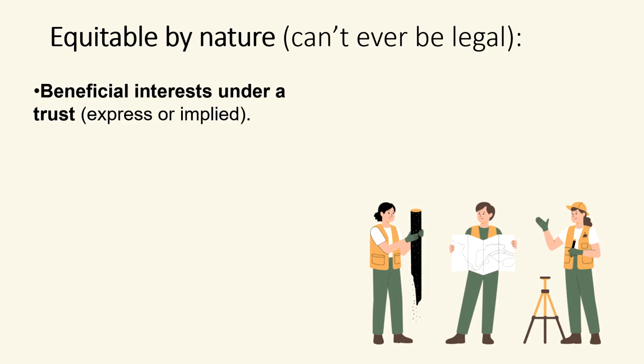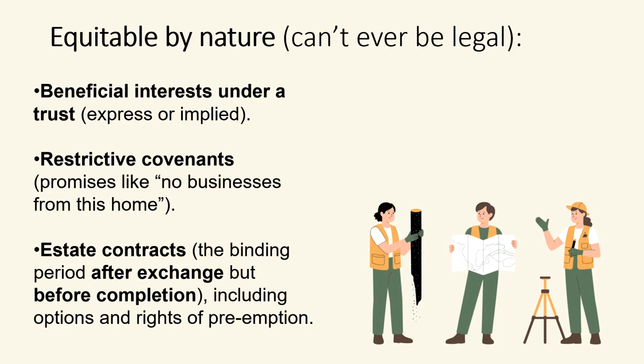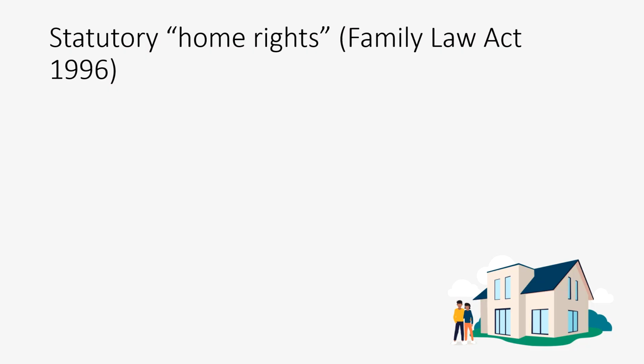So those are beneficial interests under a trust, restrictive covenants, which we will have a look at in future lectures, and certain kinds of estate contracts, which have been binding in terms of an estate, but haven't really reached completion yet.